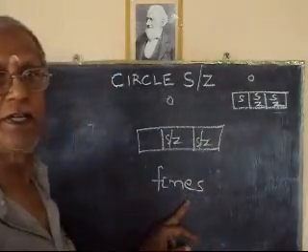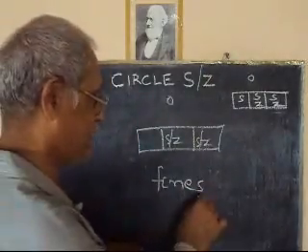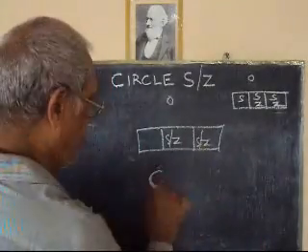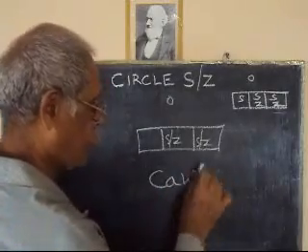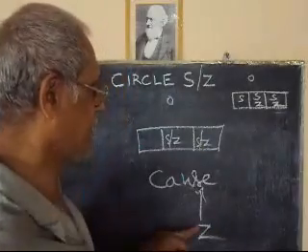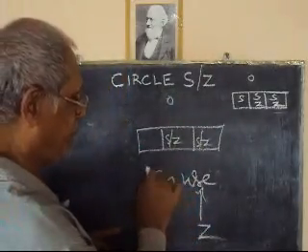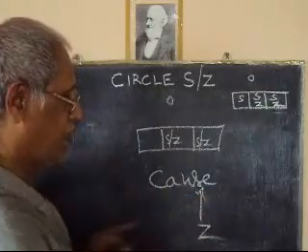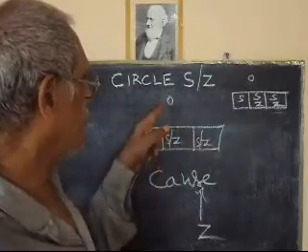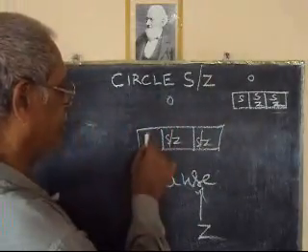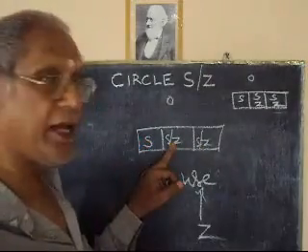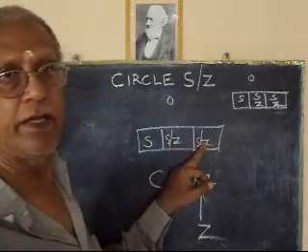Finds. It is not finds. So this is Z, final. Cause. Here the sound is Z. So in this word, cause, the final sound is Z. So a small circle represents S initially, medially and finally in a word.